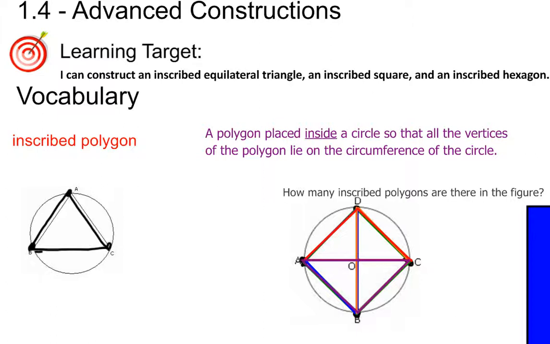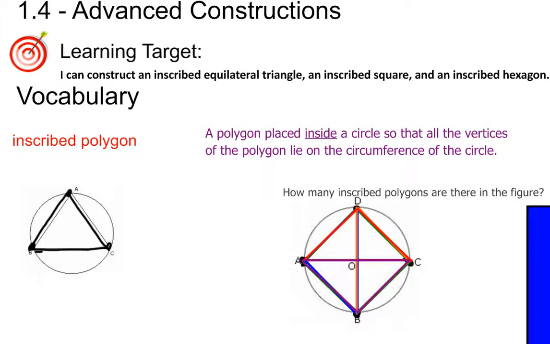Okay, if you take a look at this example, there is the shape here, and it asks how many inscribed polygons are there in the figure. So if you're trying to count them, you have to make sure that you are counting just the shapes that have vertices on the circle.